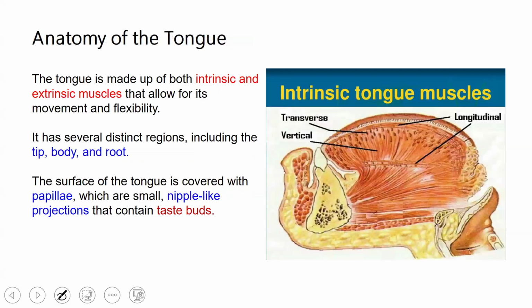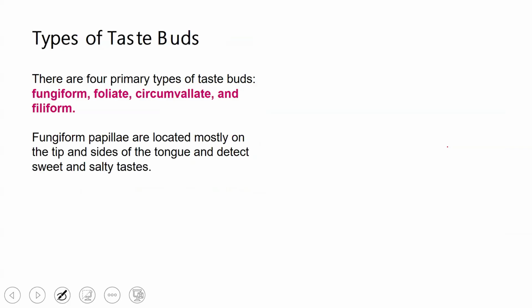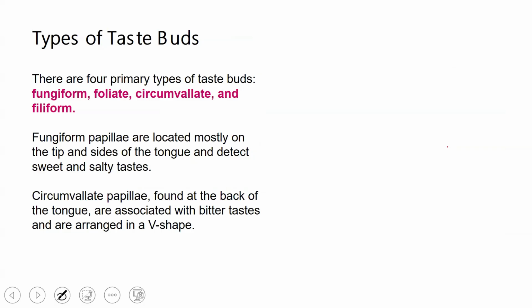So this is the fungiform, very important in sweet and salty taste. And the circumvallate has a V shape, and it is associated with the bitter taste. So ladies and gentlemen, now you have the functions of two regions of the taste bud, which are fungiform and circumvallate papillae.